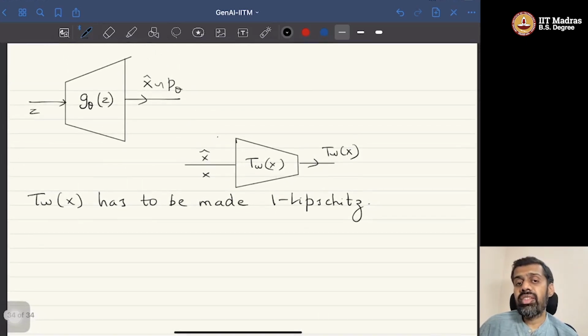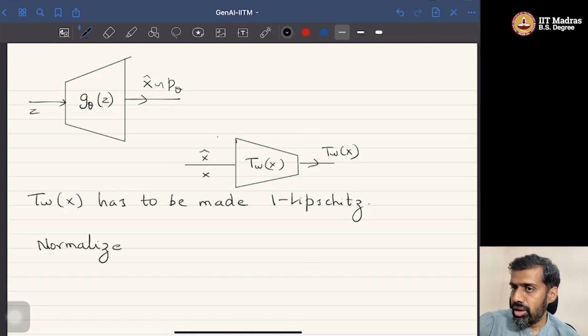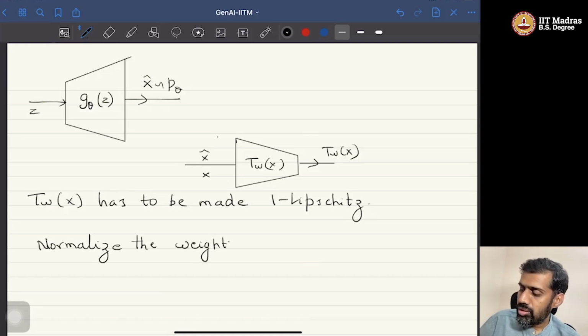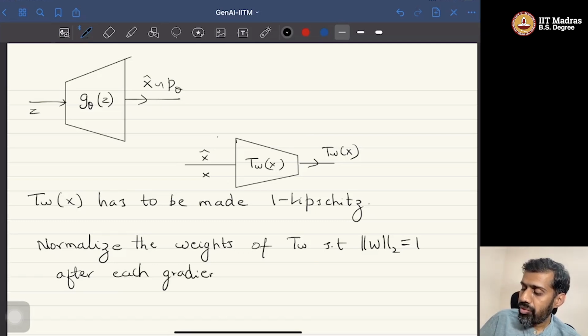But one of the practical ways of doing it is by normalizing the weights of T_w such that the norm of them is always equal to 1, after each gradient step.